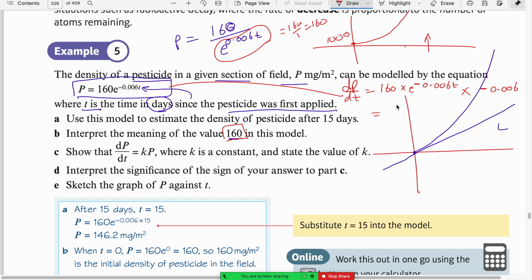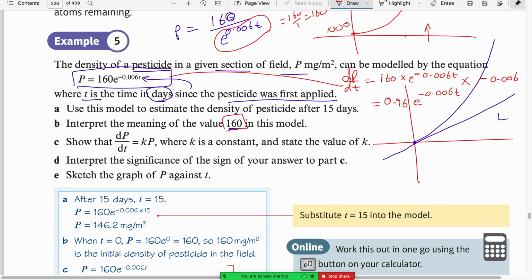Now we can simplify it. I'm using the calculator. So 160 times 0.006 is 0.96. So 0.96 e raised to power negative 0.006t. So if you have to guess the value of k, we can make that guess.